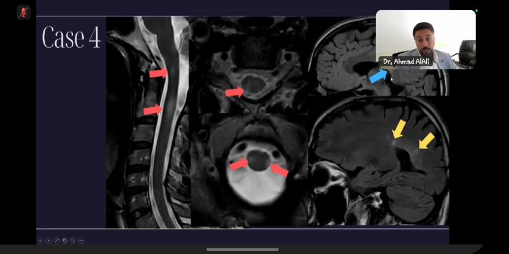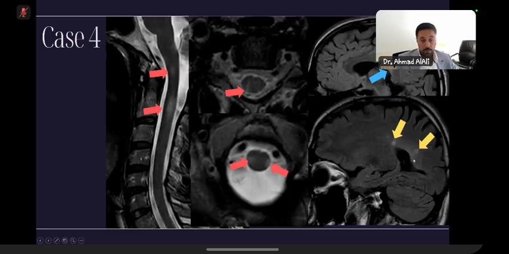If you scroll through the sagittal FLAIR images, you could see these lesions labeled with blue arrows. These are septocallosal interface lesions, which are highly specific to a certain disease entity. Other lesions are shown with the yellow arrows.